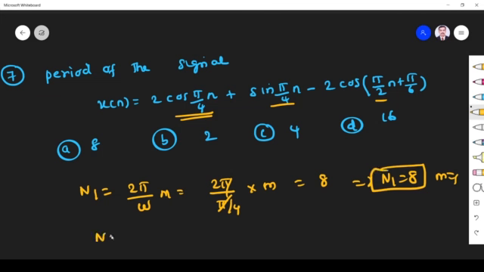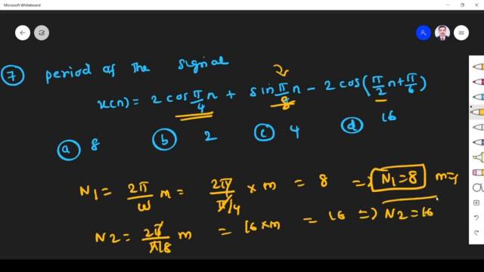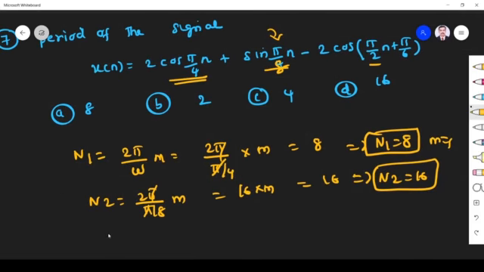Right, next you find N2, 2 pi by omega, where omega is pi by 8. So pi by 8, m, pi cancels, 16 m. If you choose m is equal to 1, this will become 16. So N2 is 16 for m is equal to 1. What about the third one?